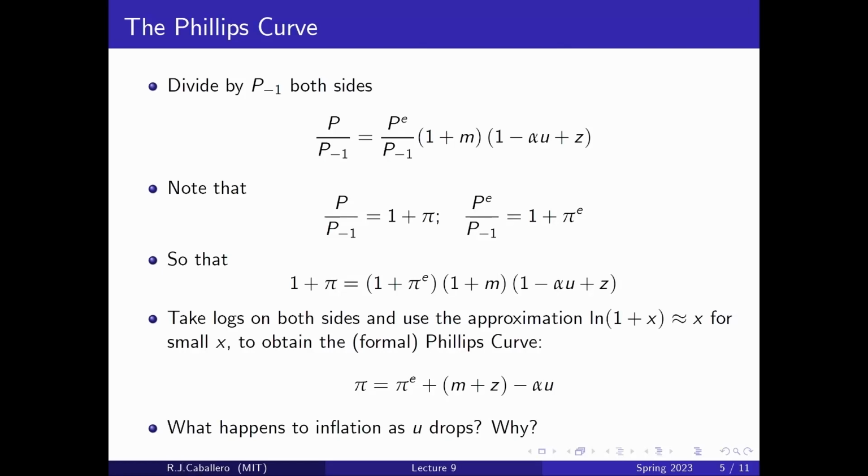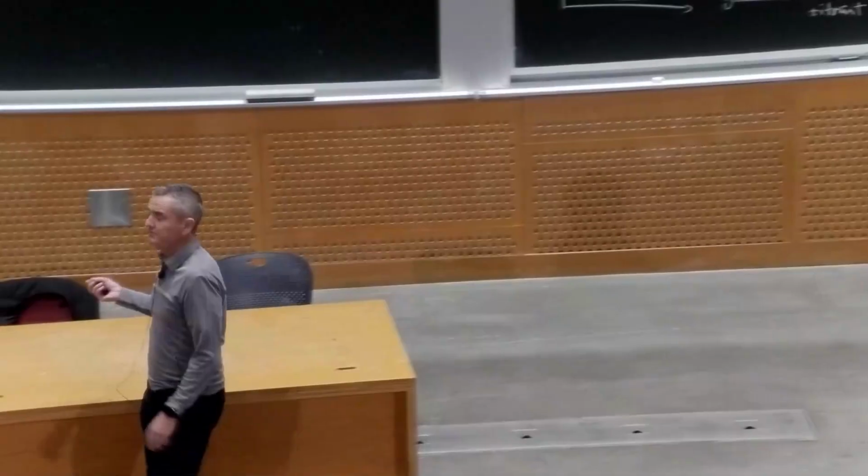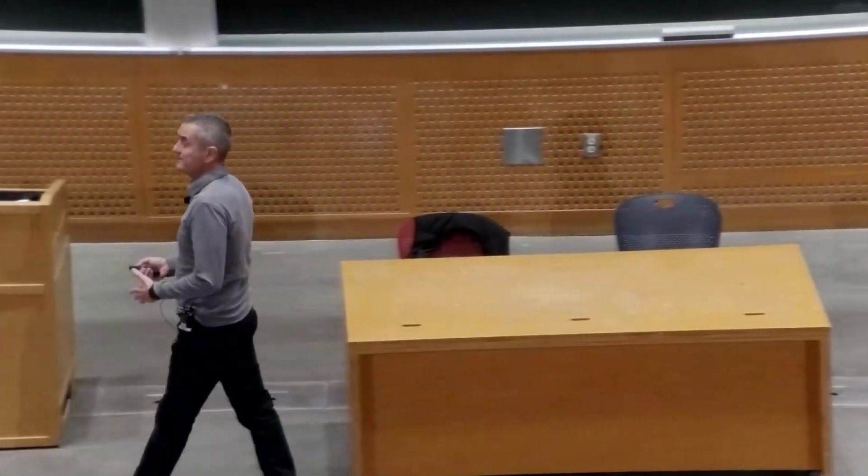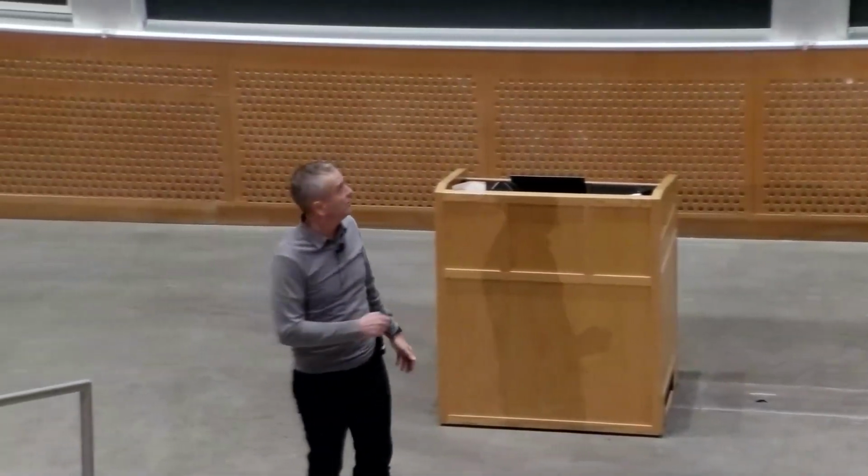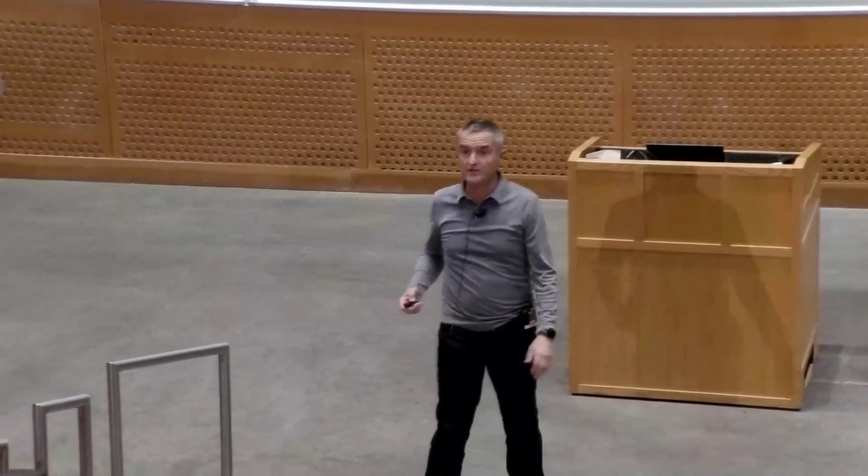If bargaining power by workers goes up, then that's the same. But most importantly, it's negatively related to unemployment. And that's the reason that nowadays there's lots of discussion about the tightness in the labor market and whether that's really necessary. Do we need to cause a recession, a situation where unemployment goes up a lot, in order to finally bring down inflation?